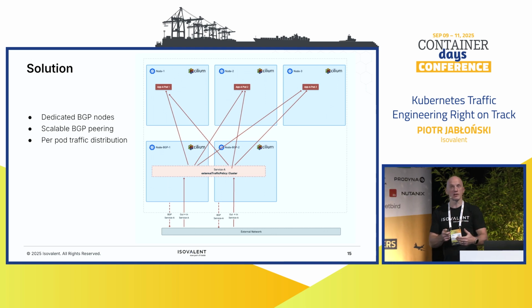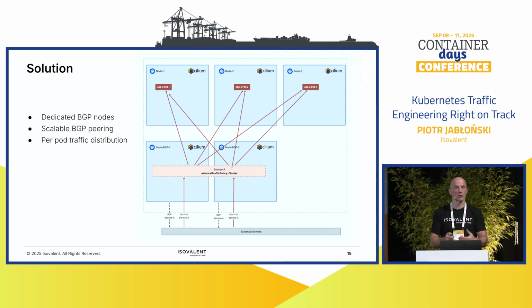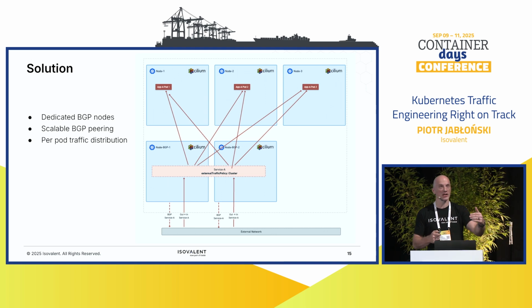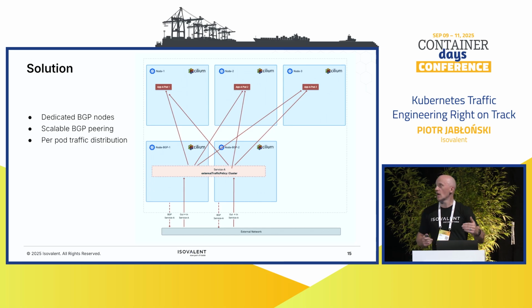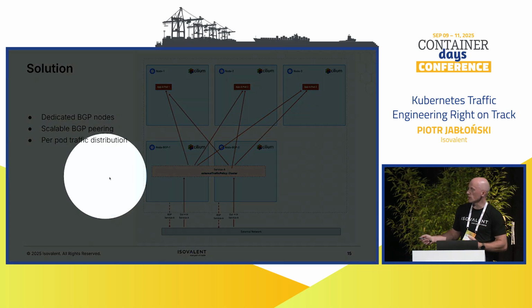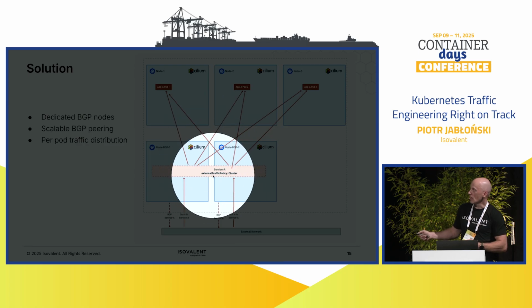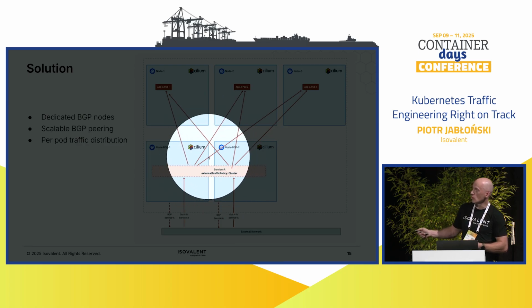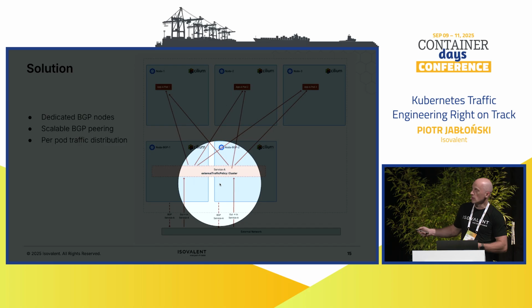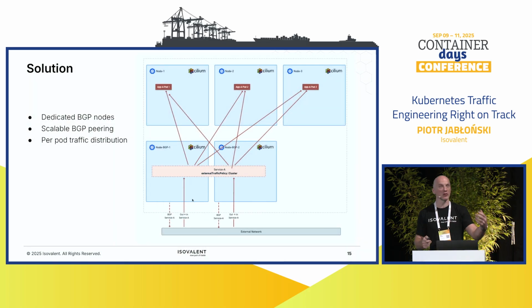You can use a solution like this, where you have a front end of nodes establishing connectivity through BGP, and you have the external traffic policy cluster. Even without pods, the IP address will be advertised because, as I mentioned, there is unconditional advertisement of the IP related to the service.